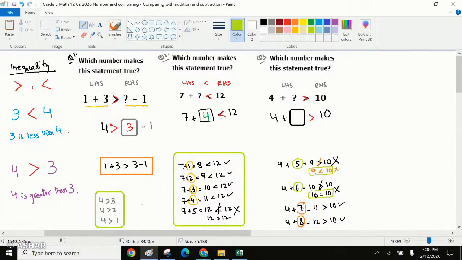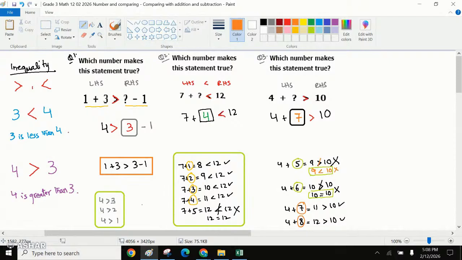When we take 6, that is equal. That's still not greater. But once we take the missing number to be 7, that means if we write a 7 over here, would the statement be true? 4 plus 7 is 11.